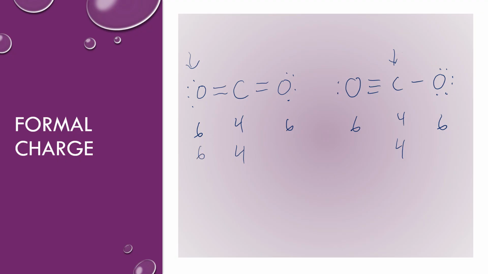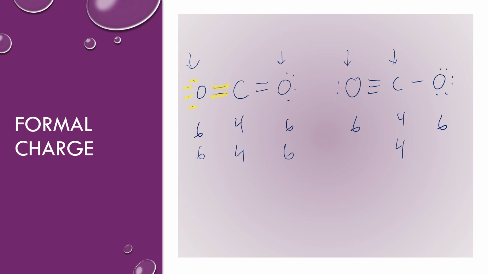Let me use a highlighter here: 1, 2, 3, 4, 5, 6 for that oxygen. For the other oxygen, same idea. We have 2 bonds and 4 electrons, so that would be 6 as well.